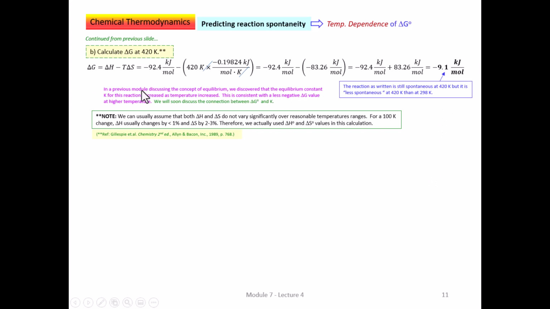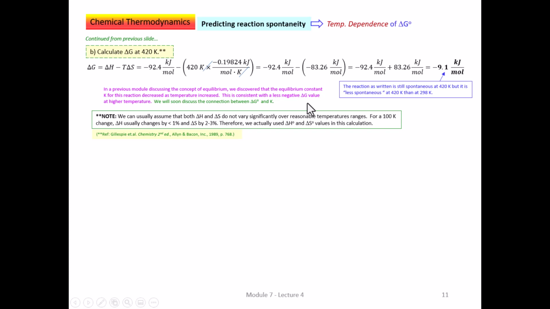Now recall in a previous module discussing the concept of equilibrium, we discovered that the equilibrium constant K for this reaction decreased as temperature increased. So let's say that again. The equilibrium constant K decreased as the temperature increased.